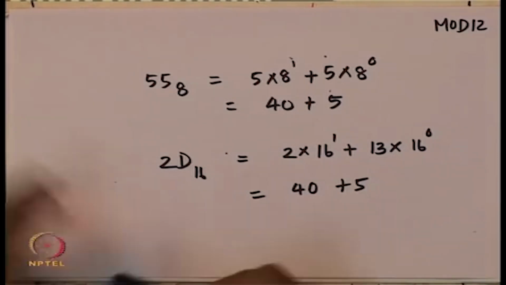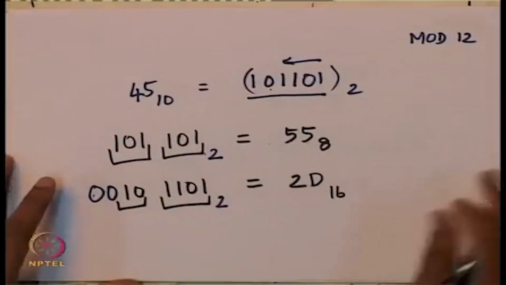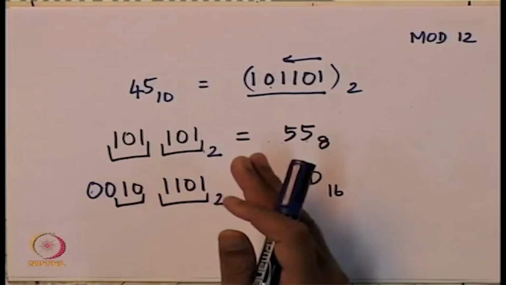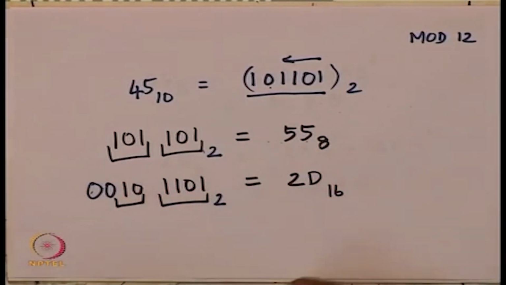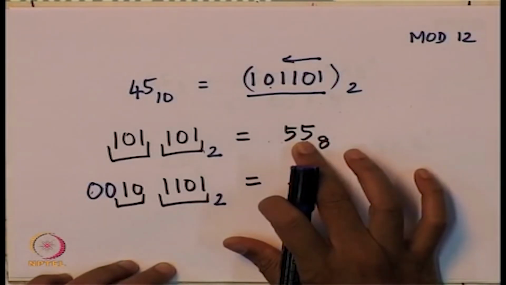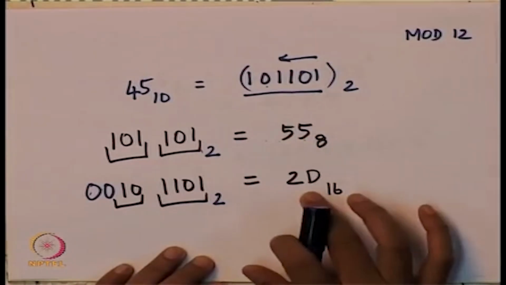So this way of grouping, start at the decimal point, move to the left and group 3 at a time for octal and 4 at a time for hexa, is actually a valid way to do things. In fact, if you want to go from octal to hexa, you write the binary representation for octal, then group in terms of 4, you will get hexa.